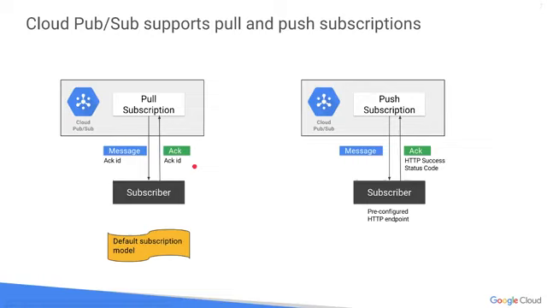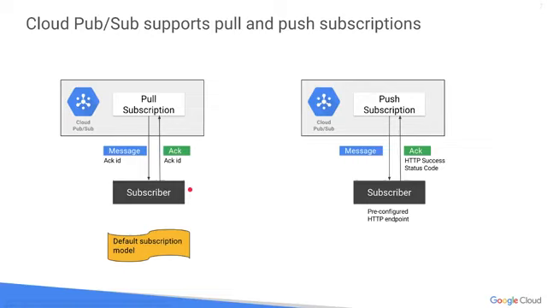In a pull subscription model, the subscriber can be Cloud Dataflow or any application that uses Google Cloud Client libraries to retrieve messages. The subscriber controls the rate of delivery. A subscriber can modify the acknowledgement deadline to allow more time to process messages.